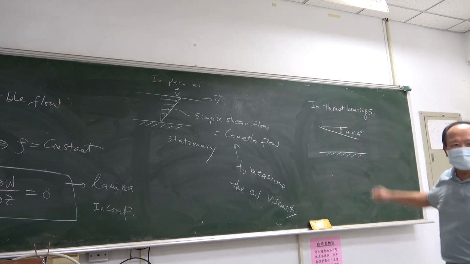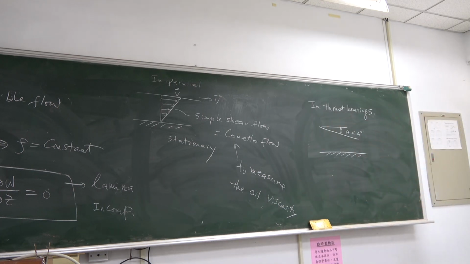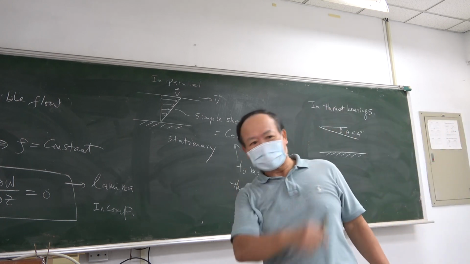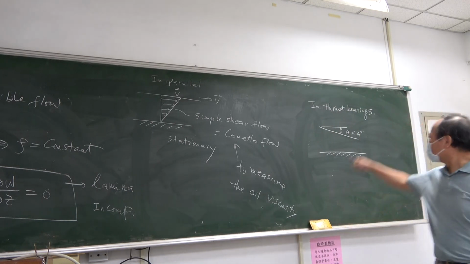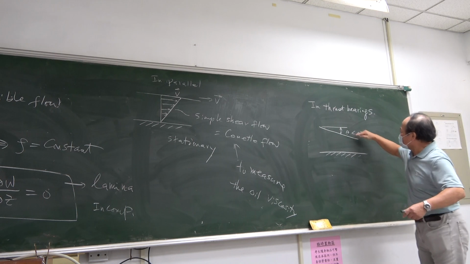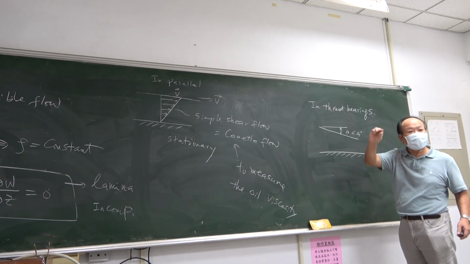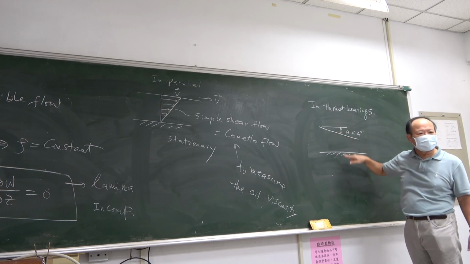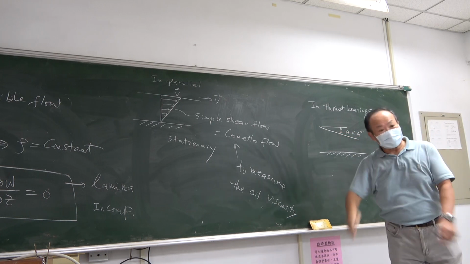So this angle is very, very small. In appearance, you will find that the upper plane and the lower plane are almost parallel. Many large machine bearings are this kind, the thrust bearing.